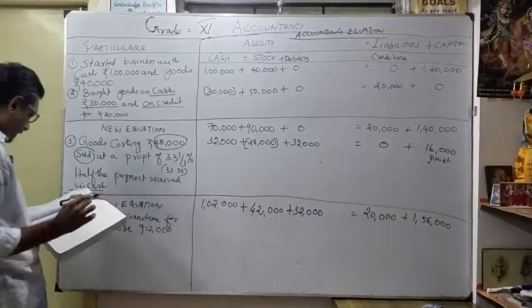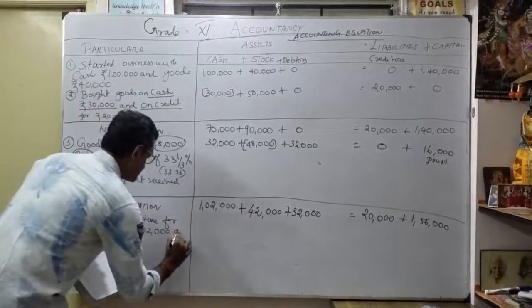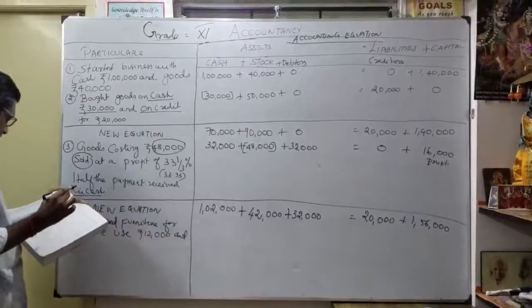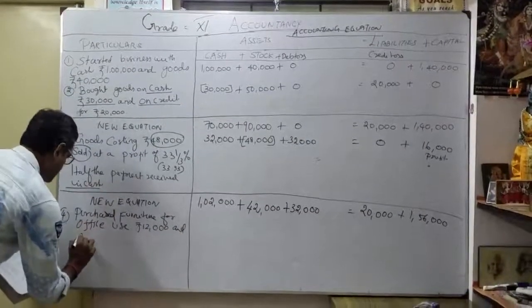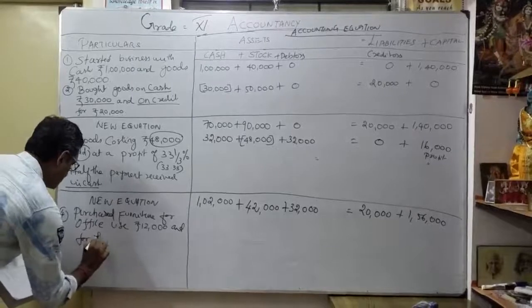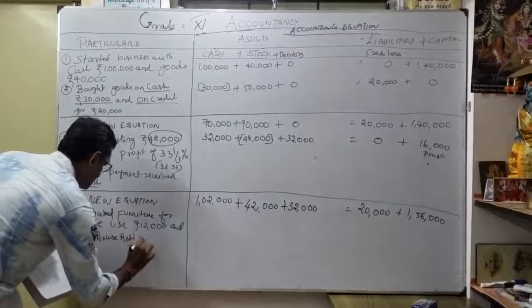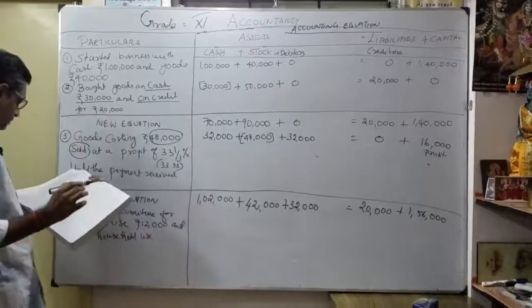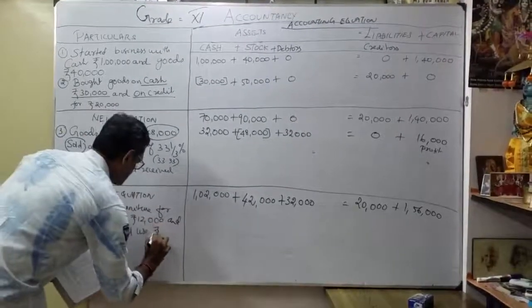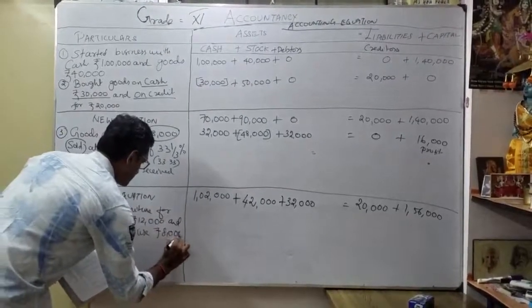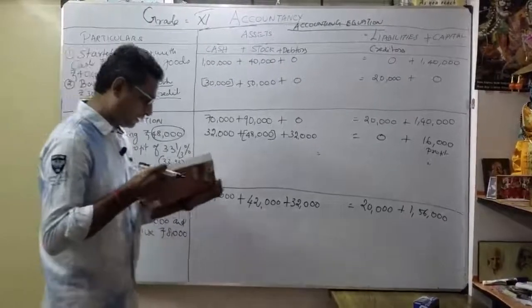Okay. And for household use, 8,000. Okay, that's what the transaction is.